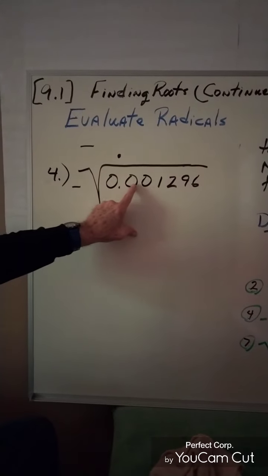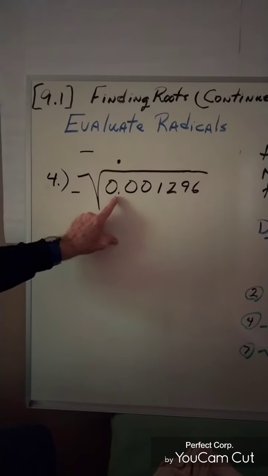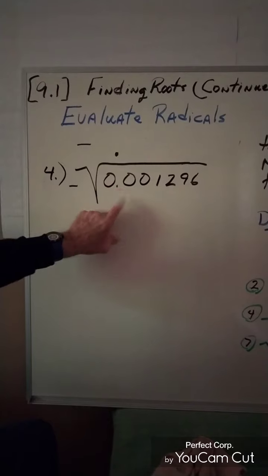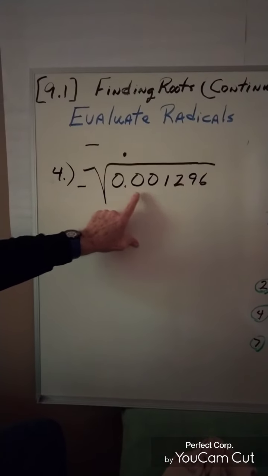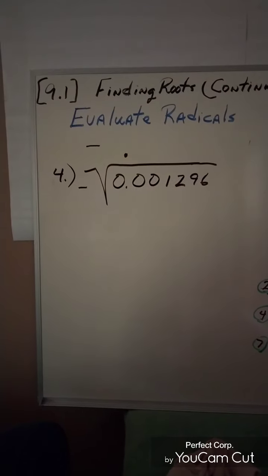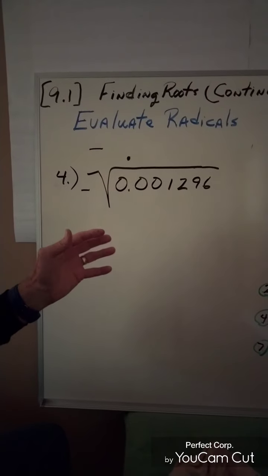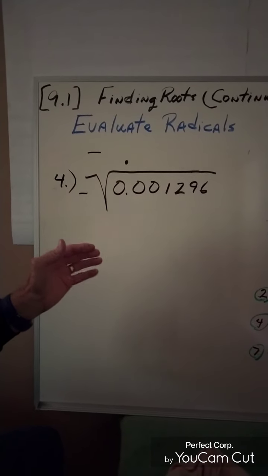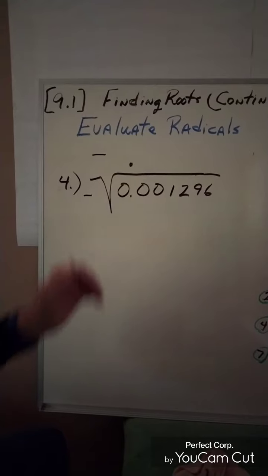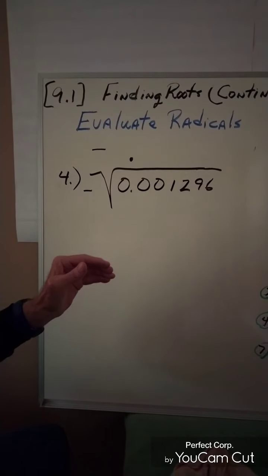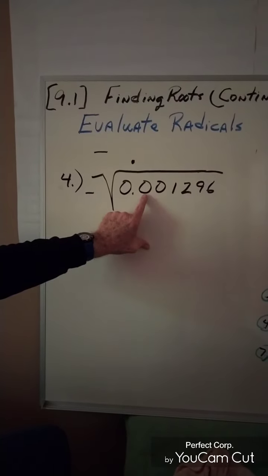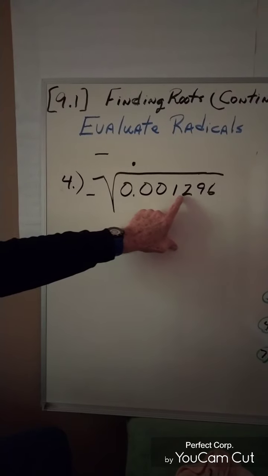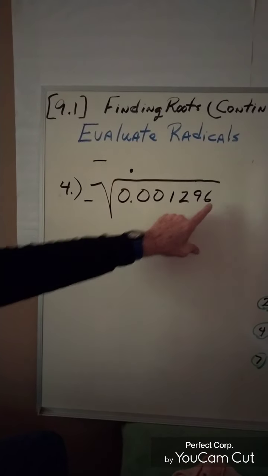If you count the number of digits to the right of the decimal point, there's the point. If you count the number of digits to the right of that decimal point, it must be an even amount. It must be an even amount. 1, 2, 3, 4, 5, 6.